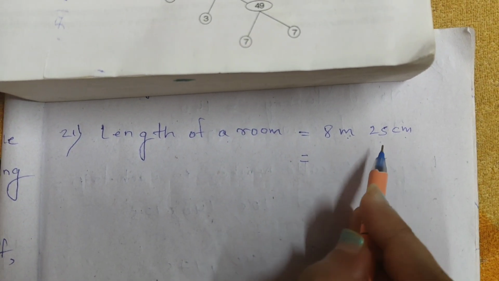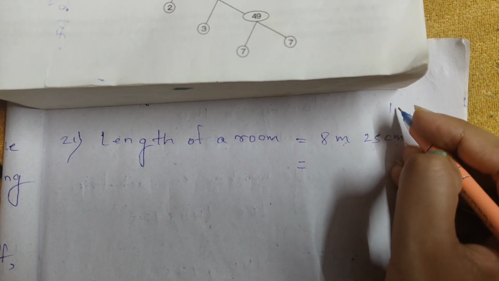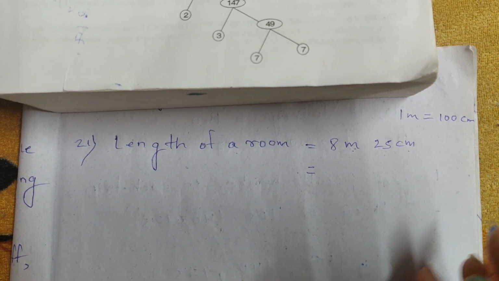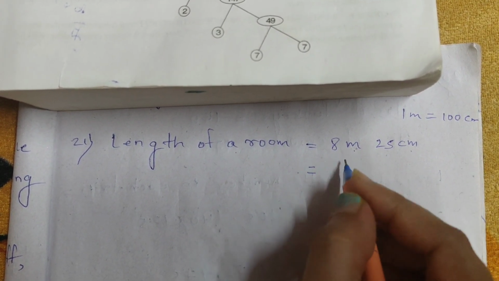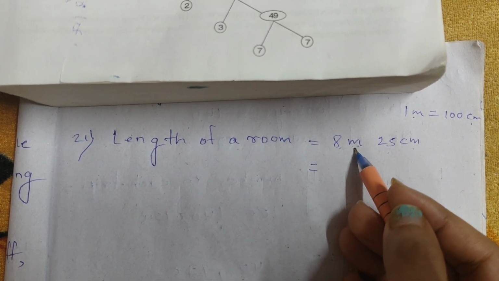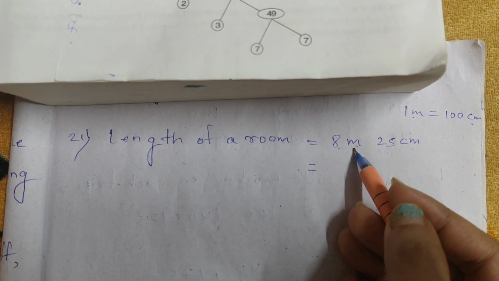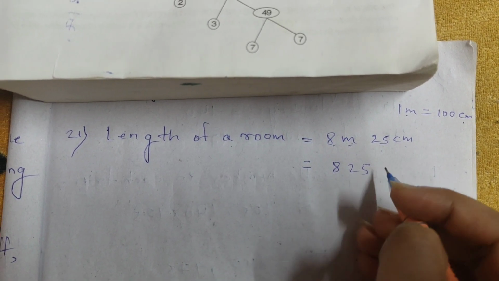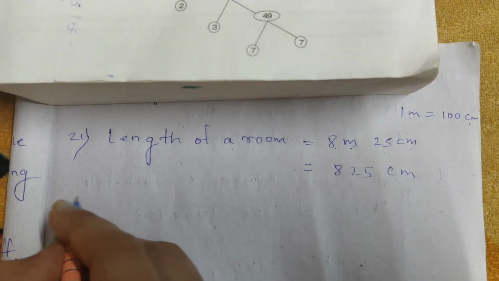We all know that 1 meter is equal to 100 centimeter. That means 8 meter is equal to 800 centimeter. So 800 plus 25 means 825 centimeter.